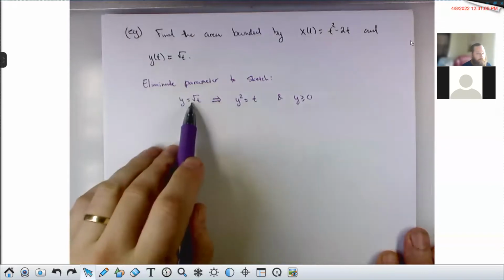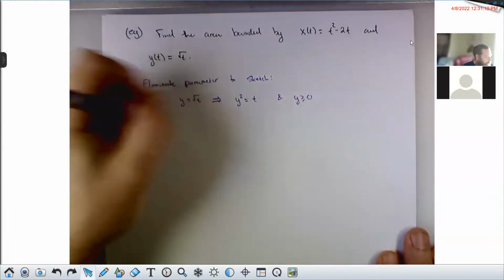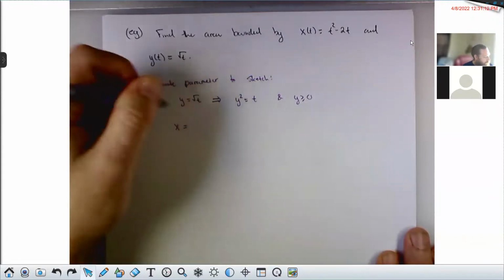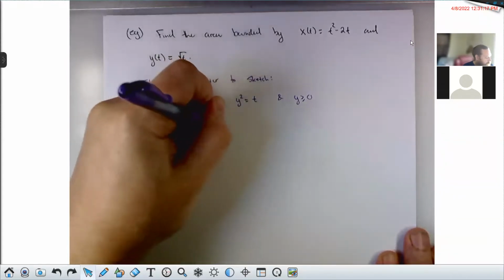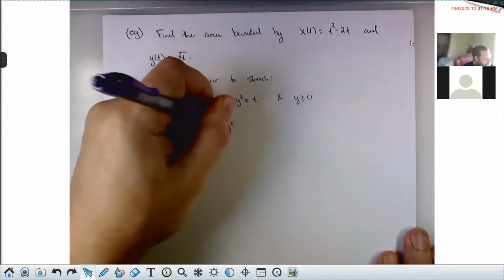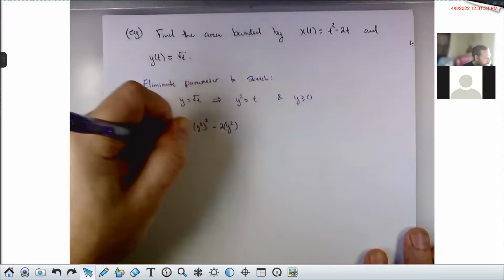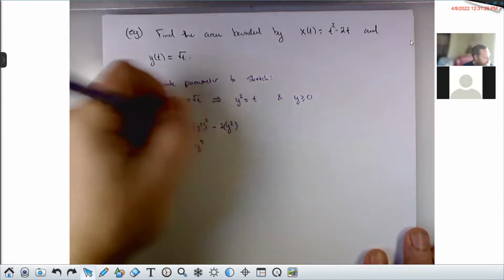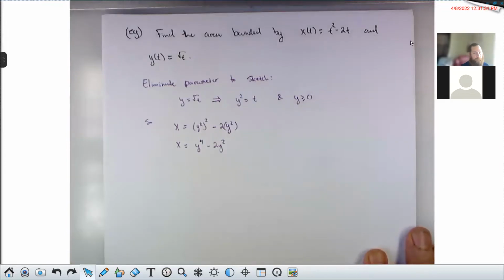Because this is the positive square root, it never spits out a negative number. So x would be t squared, which is y squared squared, minus 2y squared. In other words, x is y to the 4 minus 2y squared. So this is a polynomial in y of degree 4.